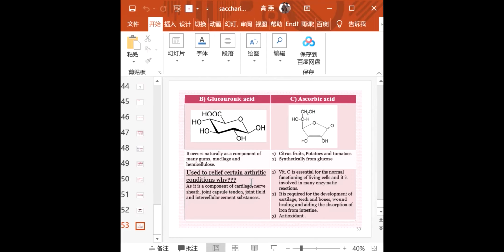And what's this used for? It's used to relieve certain arthritic conditions. And why? Because this is a component of cartilage, nerve sheath, joint capsule, tendons, joint fluid, and intercellular cement substance.